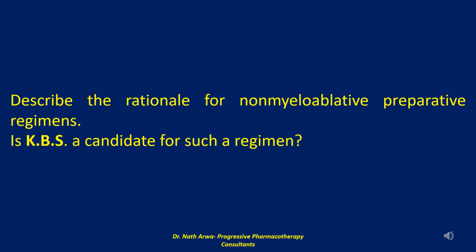Currently, reduced intensity preparative regimens account for 30% of allogeneic transplants. More than 60% of patients receiving reduced intensity preparative regimens are older than 50 years. There is a wide spectrum of reduced intensity preparative regimens, with the non-myeloablative regimens causing the least amount of myelosuppression.